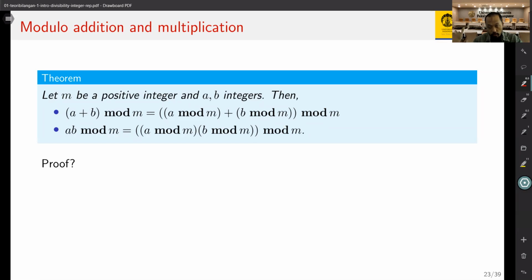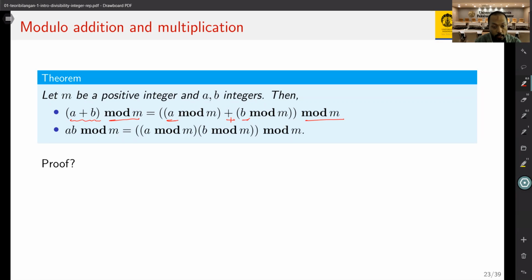For example, if you have a summation of two numbers, you could perform the mod operation on the first number and on the second number, then sum both of them together, and from the result you compute the mod again.